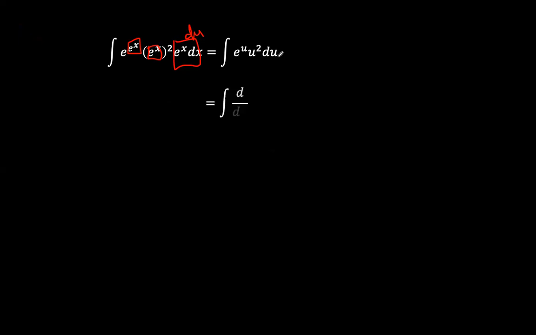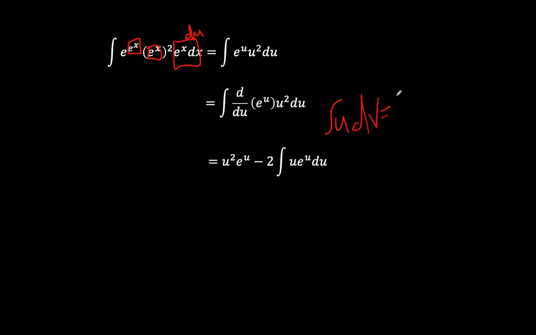And then obviously the derivative of e to the power u is the same as e to the power u. So using integration by parts, where if you have the integral of U dV, that's the same as UV minus the integral of V dU.